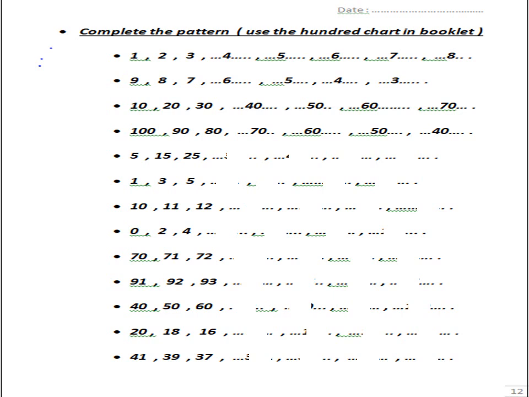So here we increase by 10. After 25, we will have 35, and 35 increased by 10 becomes 45, and 45 increased by 10 becomes 55, and 55 increased by 10 becomes 56.